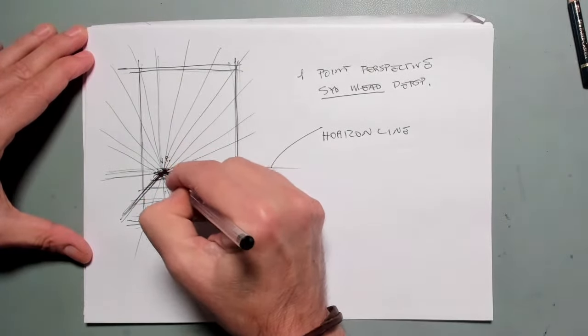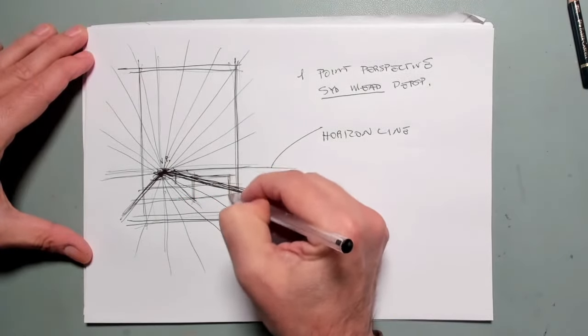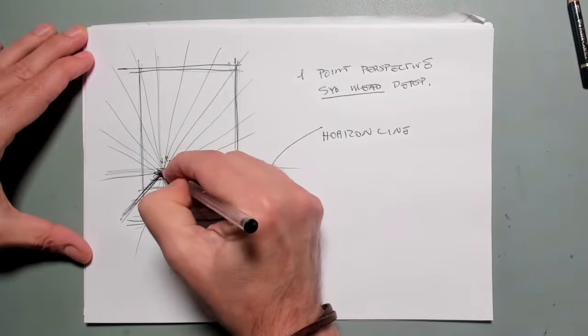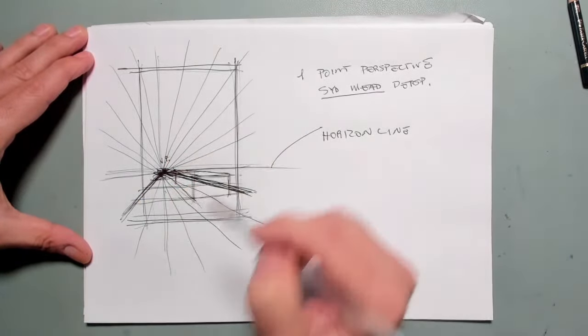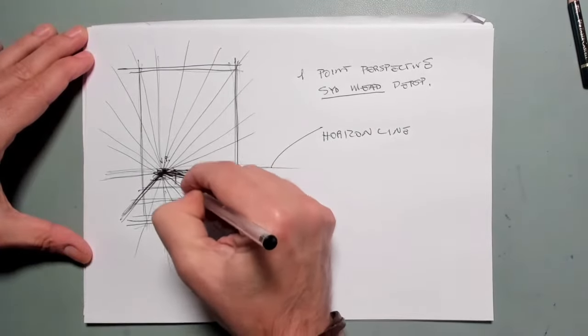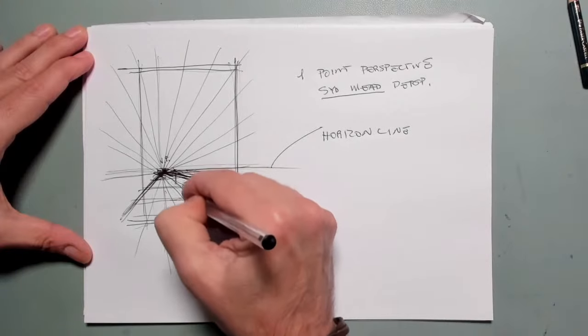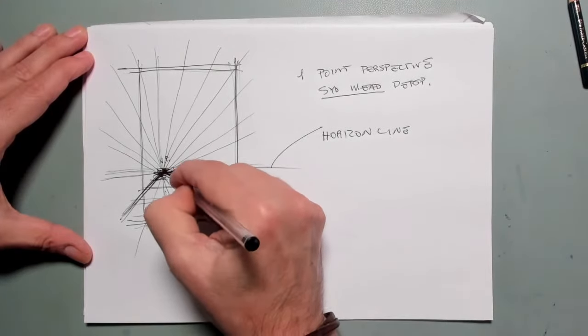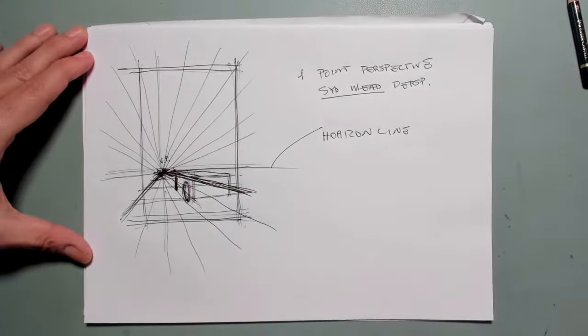And now for the car we have to use this vanishing point. So here I can put my first wheel, and down here I will put the other one, which is so small we cannot see it.